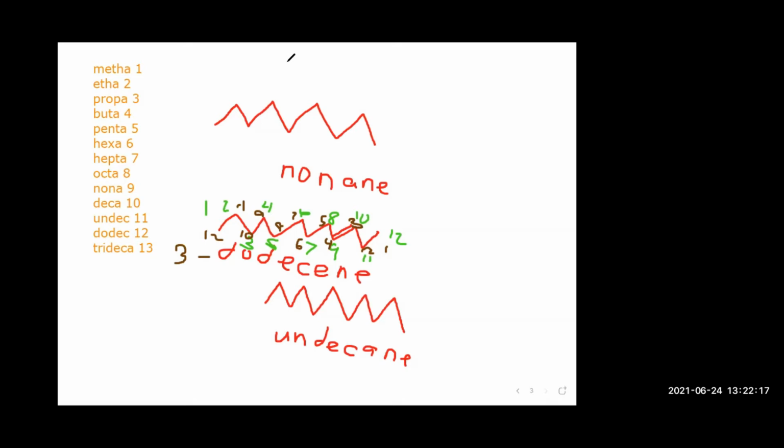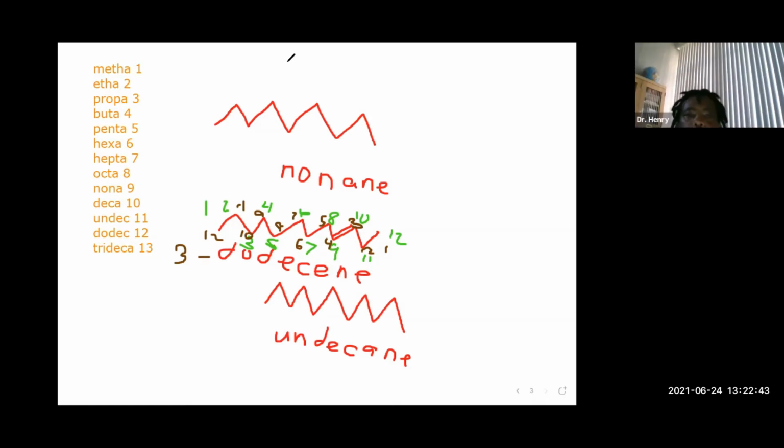Okay, so quick question, Dr. Henry. Yep. So when it comes to numbering, is this just something that we would have to remember, that once you're counting, you start from 1 through 10, from left to right, but when you're going the opposite direction, from right to left, that's how we'll be able to tell, right? Yeah. So it would be the one that gives you the lowest number possible.